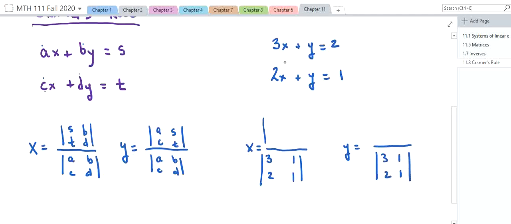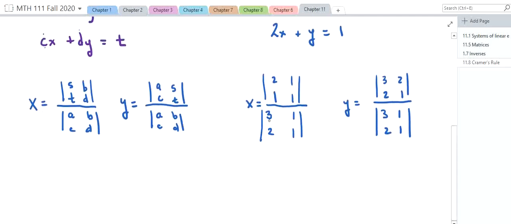And then for the numerator of x, over here we have 1, 1 for the 2 ones in front of the y's. But then we put the 2 here and the 1 here. And then for y we have the determinant 3, 2, and then we put the 2 and the 1 here. So now it's just a matter of solving these.